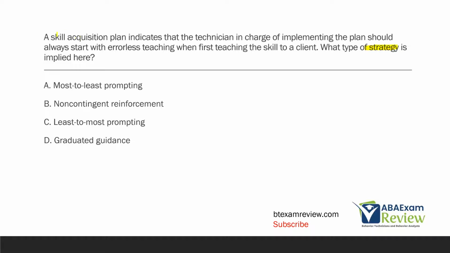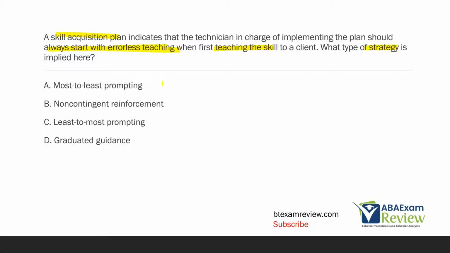We know we have a skill acquisition plan, and it says to the technician in charge of the plan that they always start with errorless teaching when teaching the skill. So the strategy is errorless teaching, but what overall strategy is errorless teaching a part of? If we're starting with errorless teaching, then what are we doing?